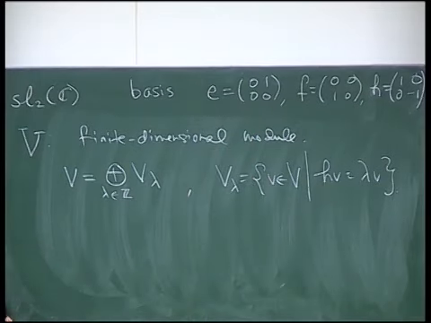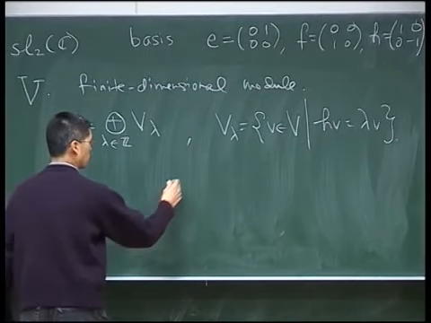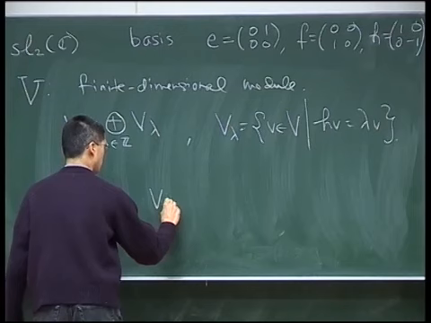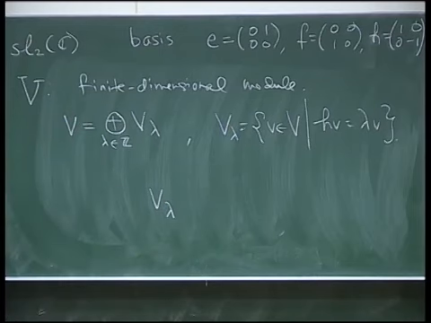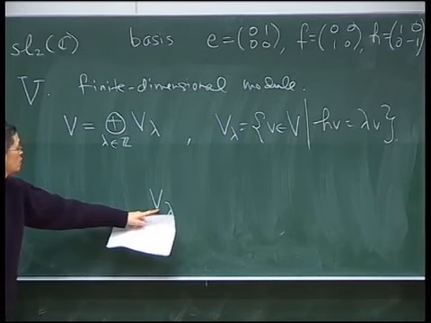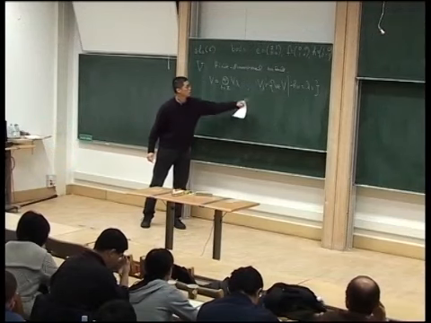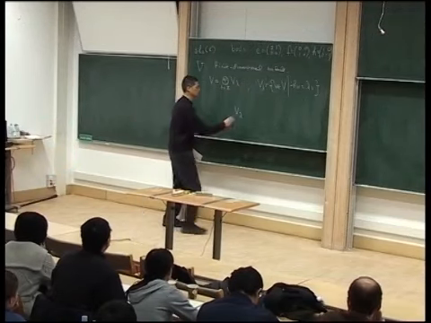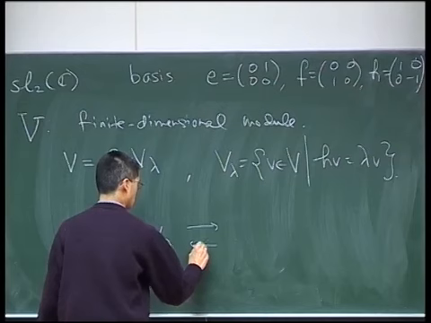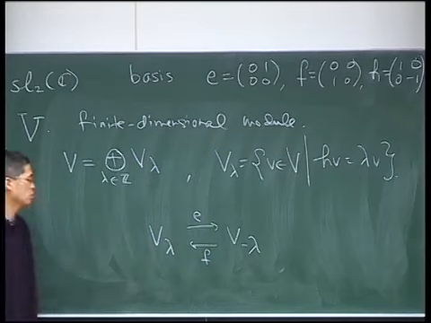And it's going to be convenient to draw pictures like the following in order to describe particular sl2 modules. If we apply E to a vector in the lambda weight space, then we increase the eigenvalue of the action of H by 2. So we draw a picture like this. Okay, F, of course, will do the reverse.